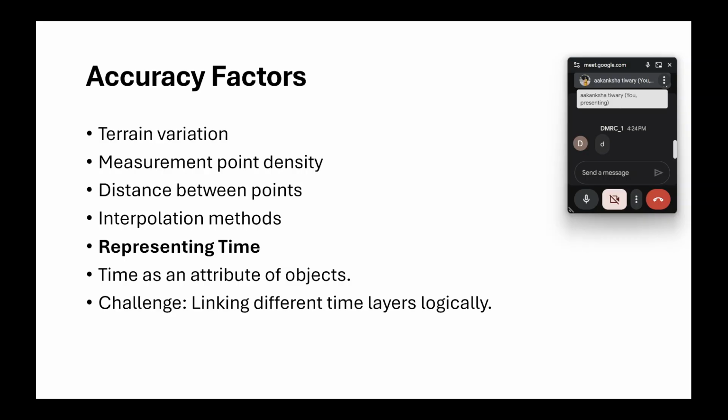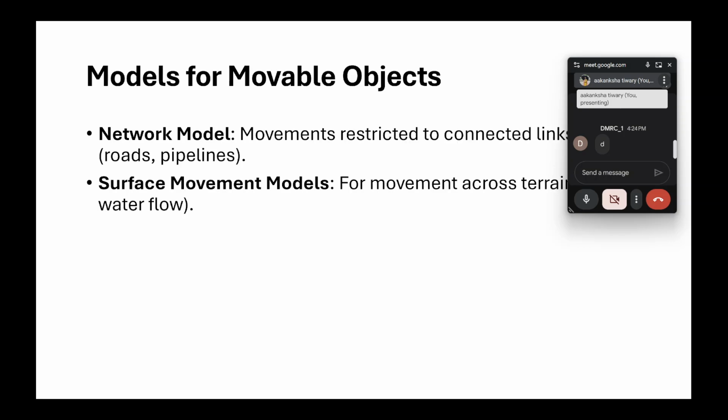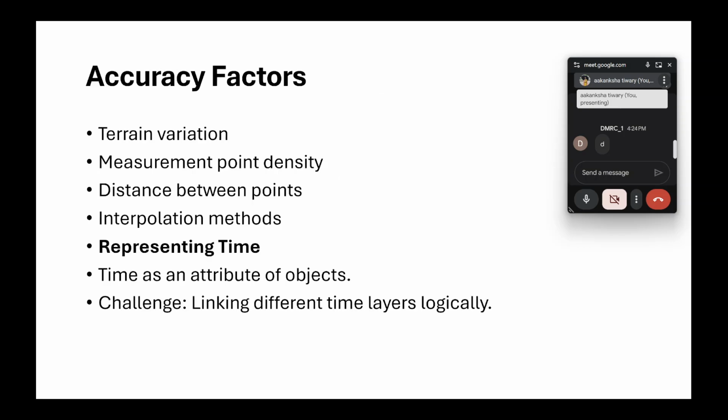Now we'll move on to accuracy factors. There are different factors: terrain variation, measurement point density, distance between points. If you are representing time incorrectly, that can also lead to error. Interpolation method.